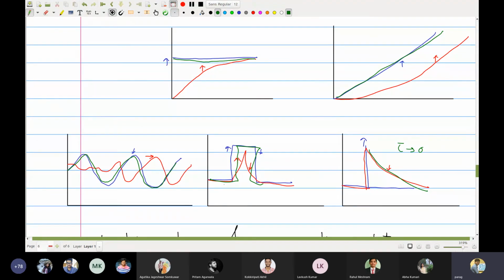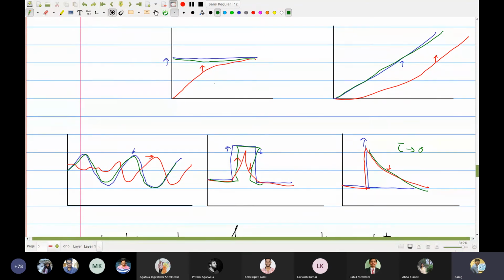If you do not bother about the absolute magnitudes of the parameters tau and k in your system, you would expect that there would be a lag in the system. So if you induce a lag in the step input, your output would look something like this. You would expect that behavior. Similarly, you would expect other behaviors.